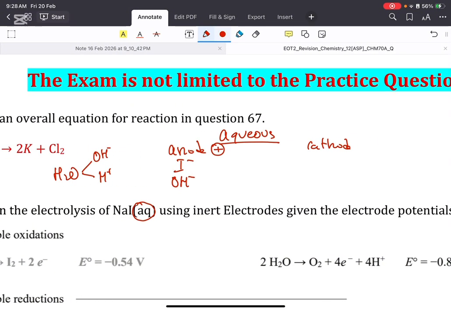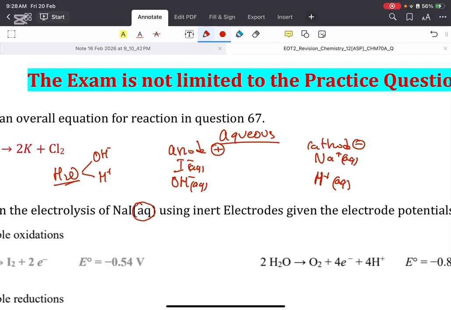And at the cathode, because this is the negative electrode, I have the sodium aqueous ions and the hydrogen ions from water.